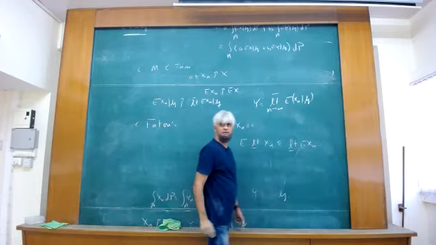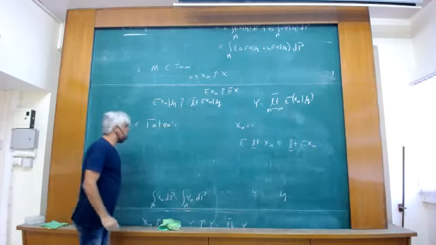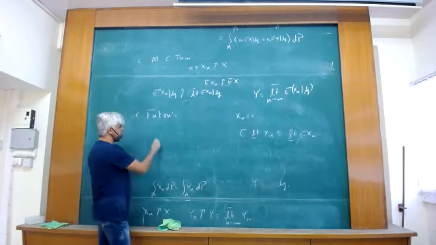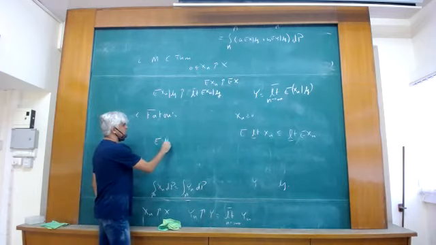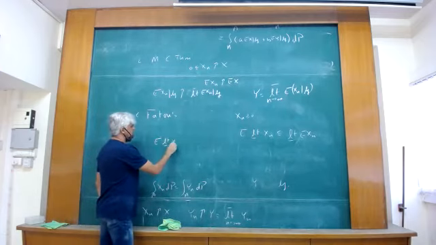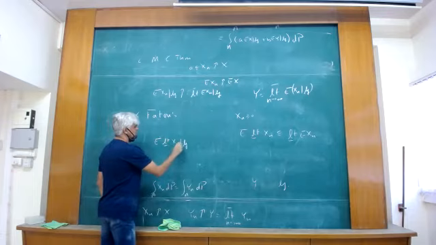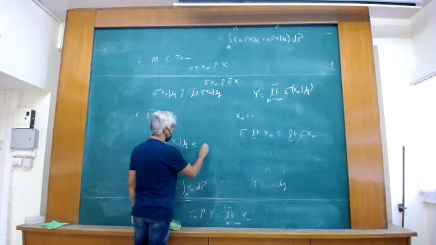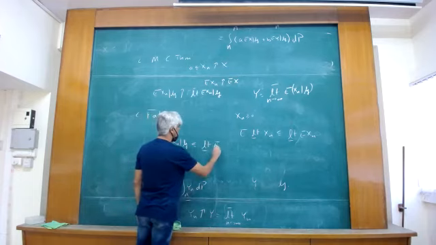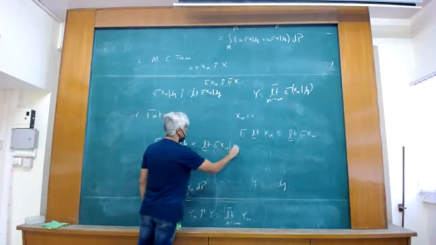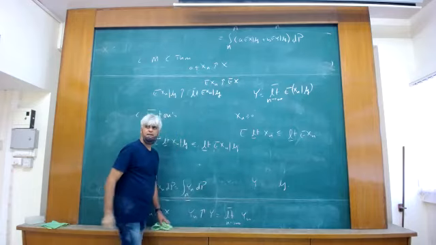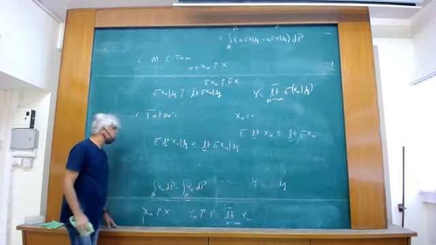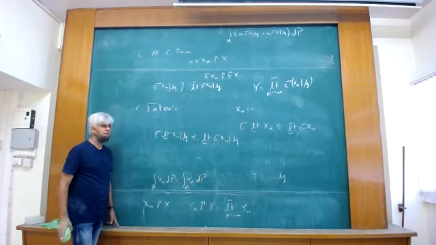That's Fatou's lemma. Now we want to say that the expectation of the lim inf of Xn given G is less than or equal to the lim inf of the expectation of Xn given G.